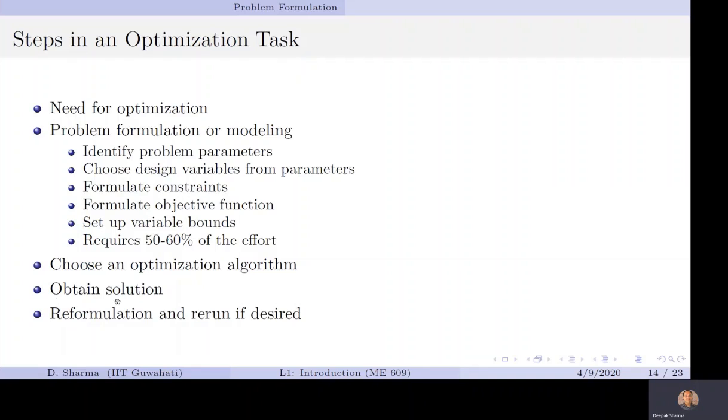If you are happy with the solution, we can stop. If you feel that the solution is not as per what we desire, then we have to reformulate. Reformulation can be done at any step here and then rerun. And we are going to rerun and reformulate till we get a satisfactory solution.